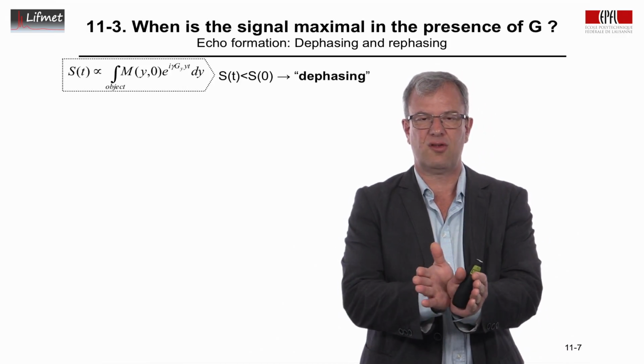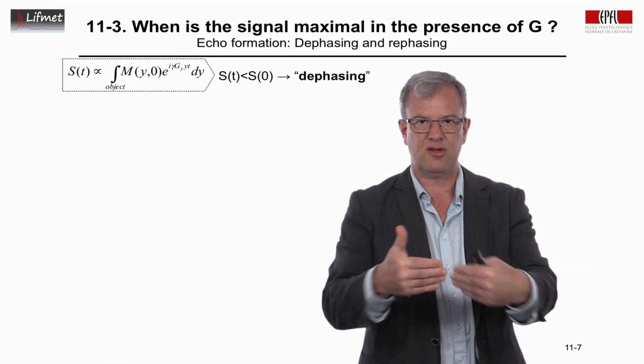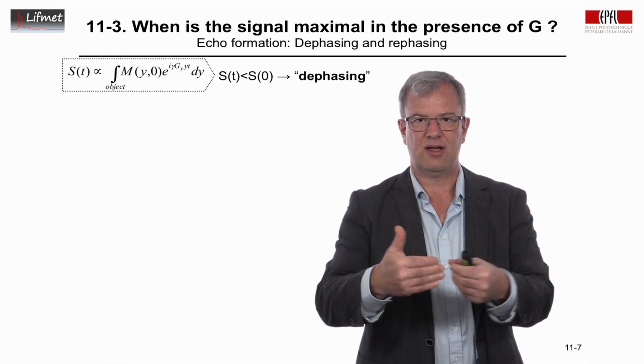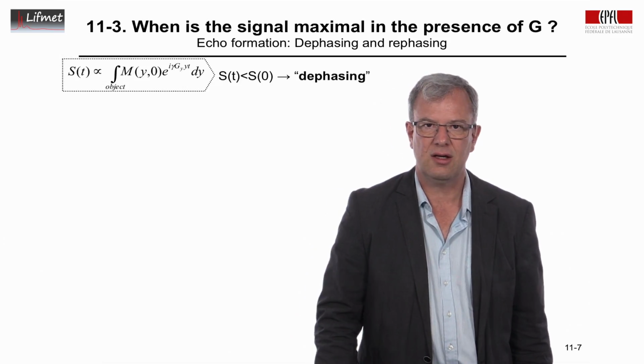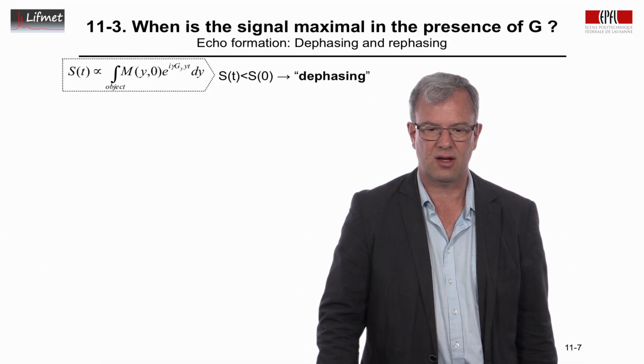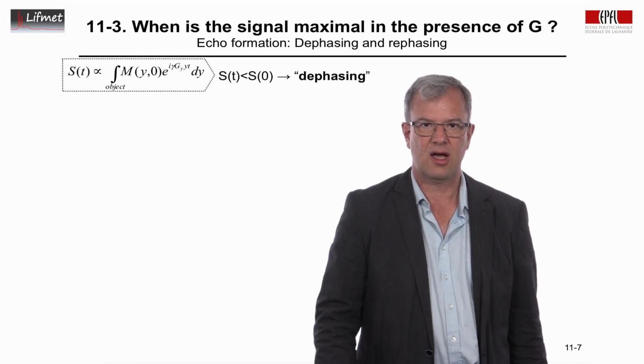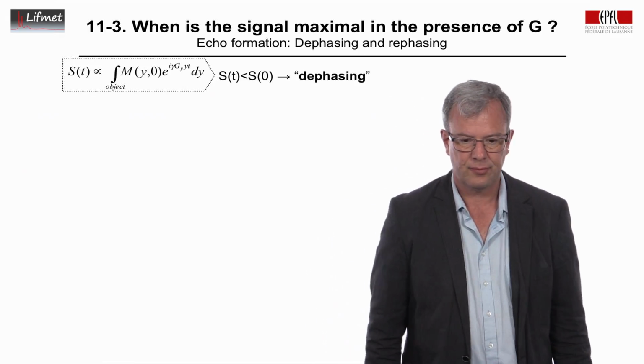Now the complex numbers, according to their position along y, will have a different phase, and they will no longer add collinearly, and this is called dephasing. So our signal is maximal at the beginning.